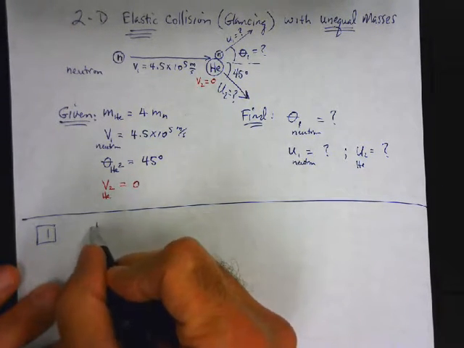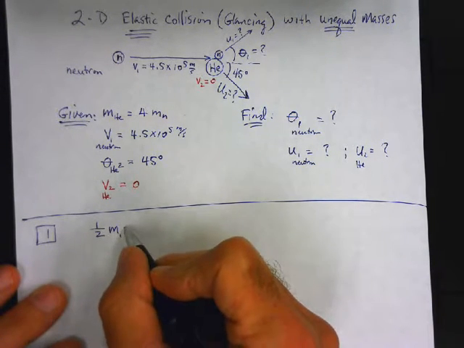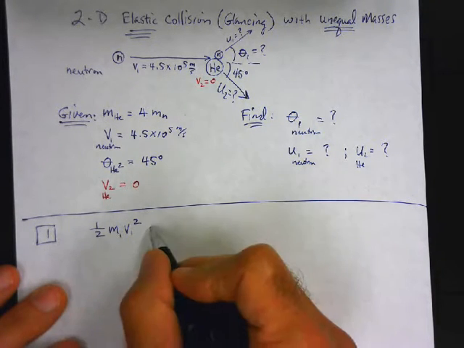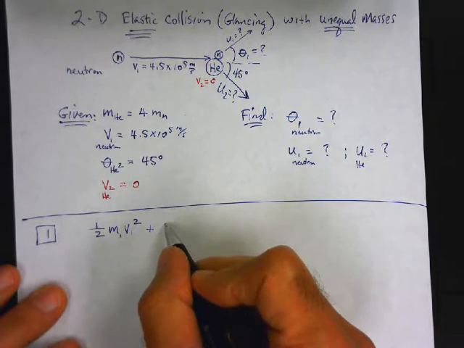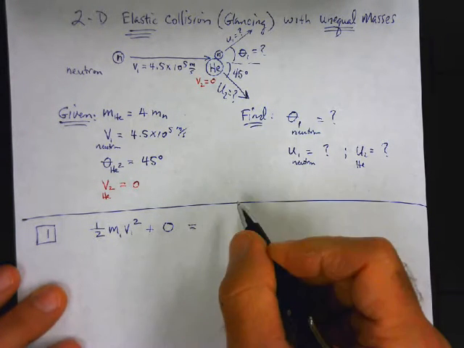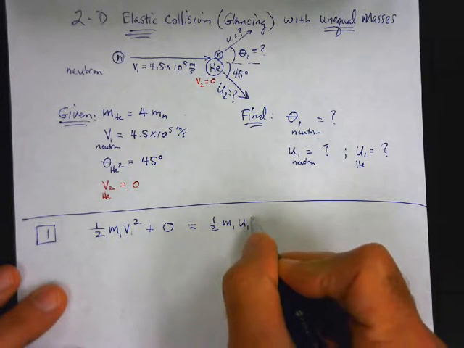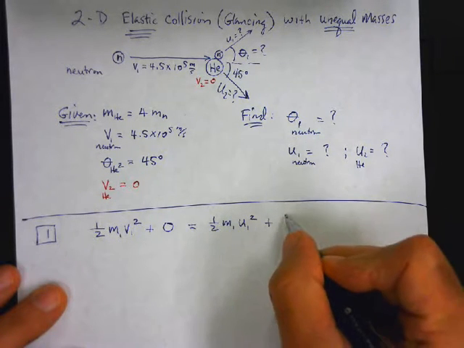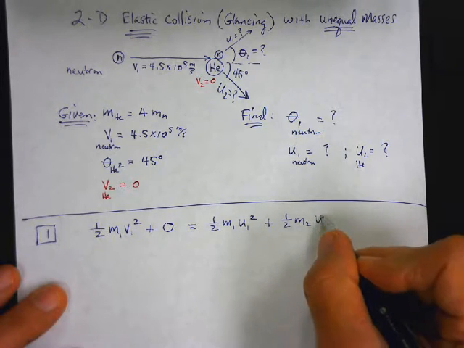So we can say then that 1/2 the mass of the neutron, I'll call it m1, times v1 squared, so that's the kinetic energy before collision, plus the kinetic energy of the helium nucleus before collision, since it's not moving, that kinetic energy is 0, is equal to 1/2 m1 u1 squared, the kinetic energy of the neutron after collision, plus the kinetic energy of the helium nucleus after collision.